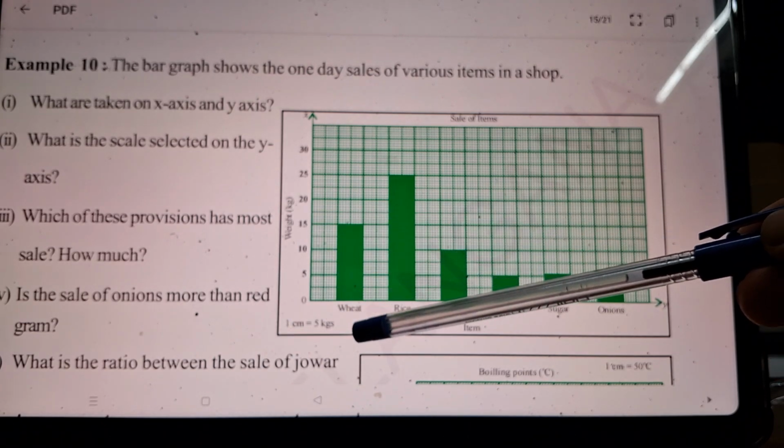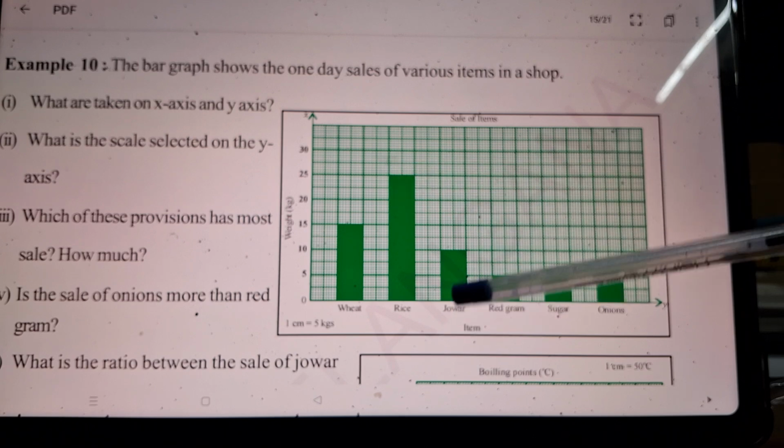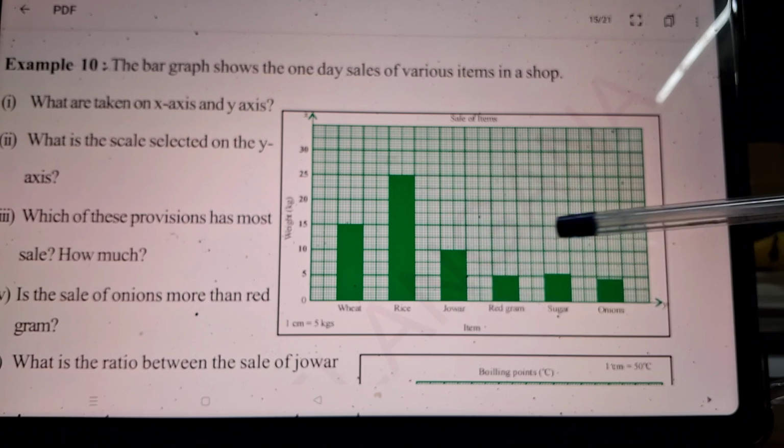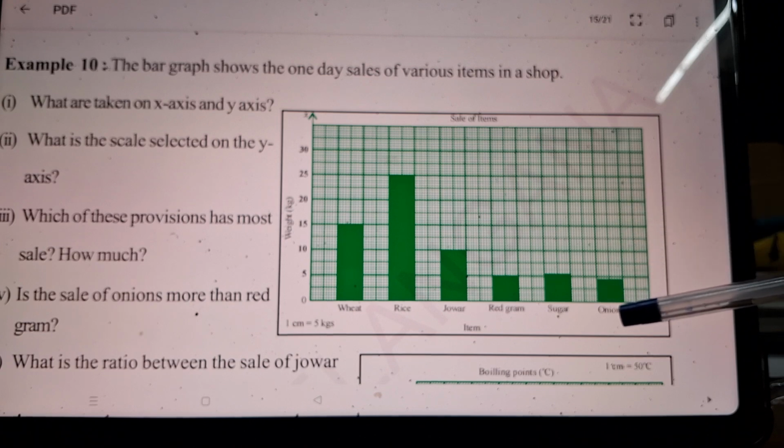Here they have given wheat 15 kgs, rice 25 kgs, jawar 10 kgs, red gram 5 kgs, sugar also 5 kgs. It is a little bit more than 5 kgs, 5.1 or so. And onions, it is less than 5 kgs. Okay.